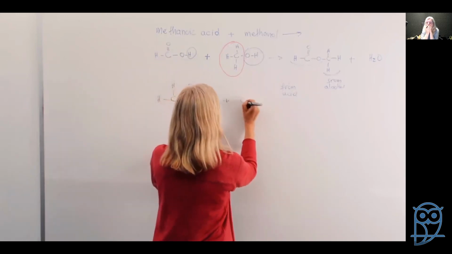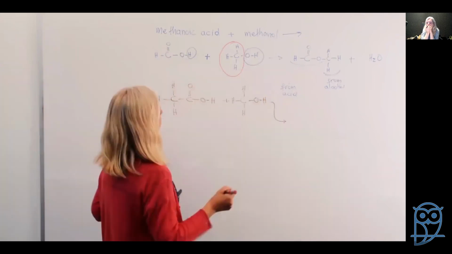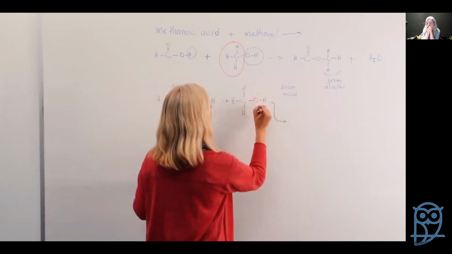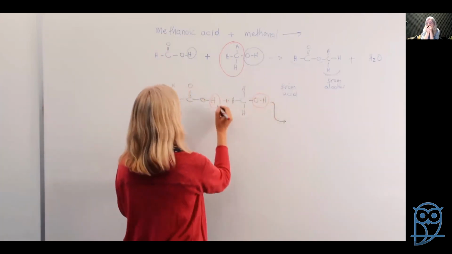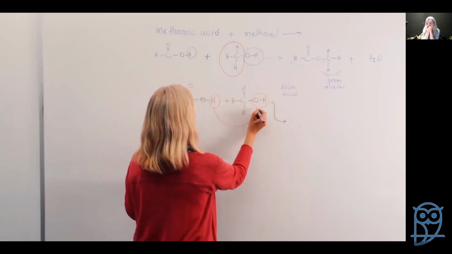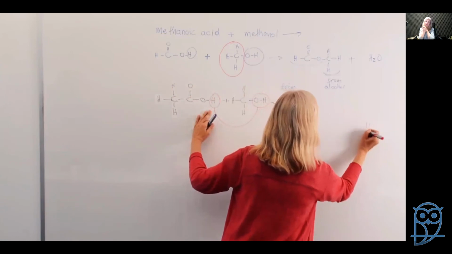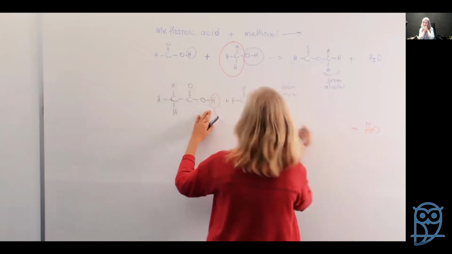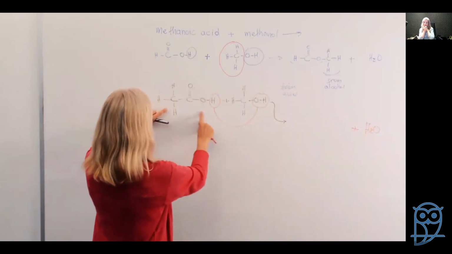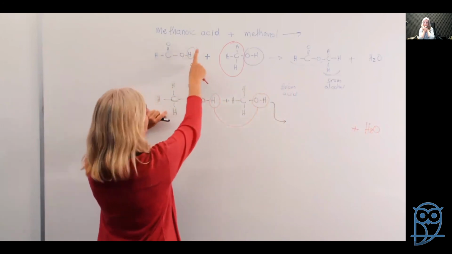Let's add methanol. So this is the alcohol. The hydroxyl from the alcohol will combine with this hydrogen from the acid to give us water. And here we'll have the ester, which is, remember, the first part comes from the acid.